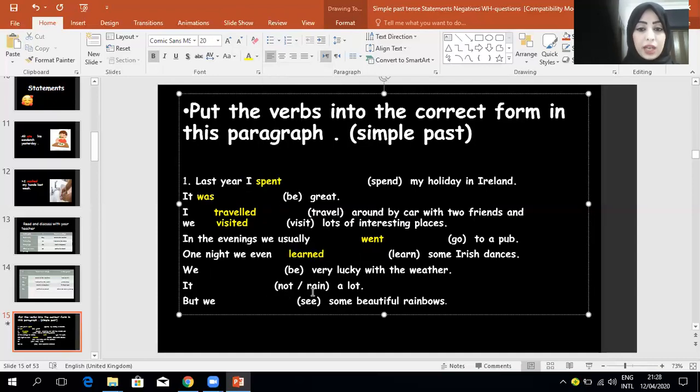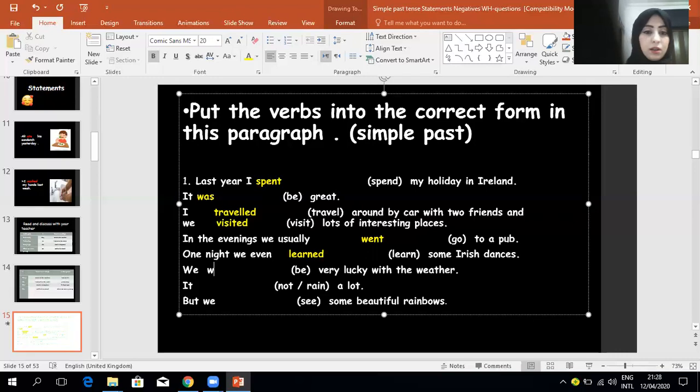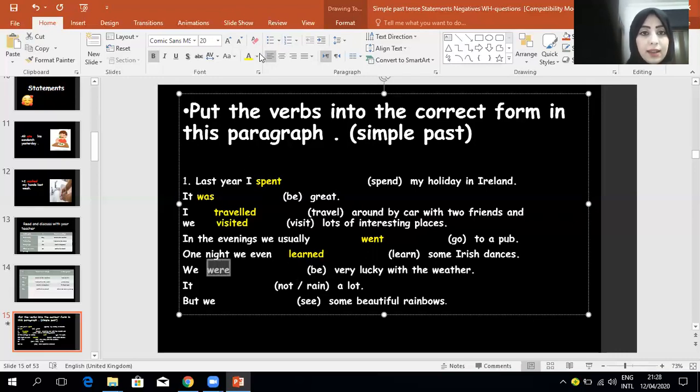We be very lucky with the weather. So be, the past of be can be was or were. Was for the singular and were for the plural. We were very lucky with the weather.